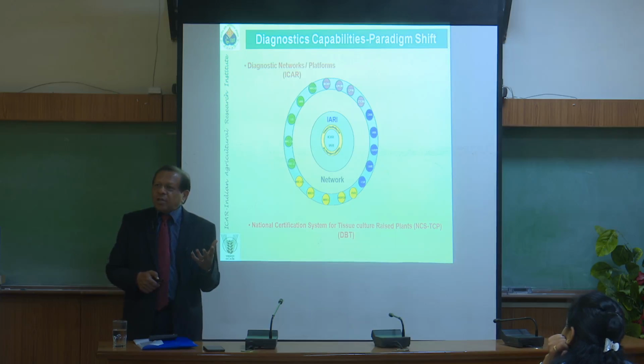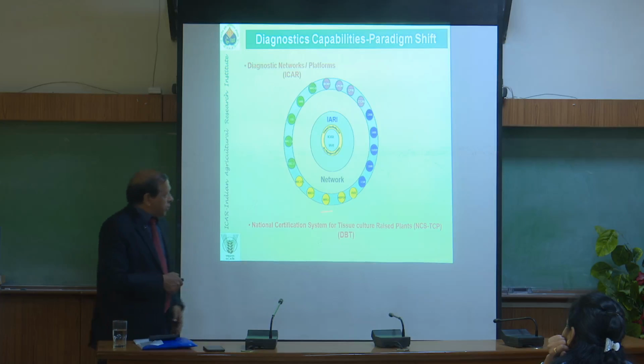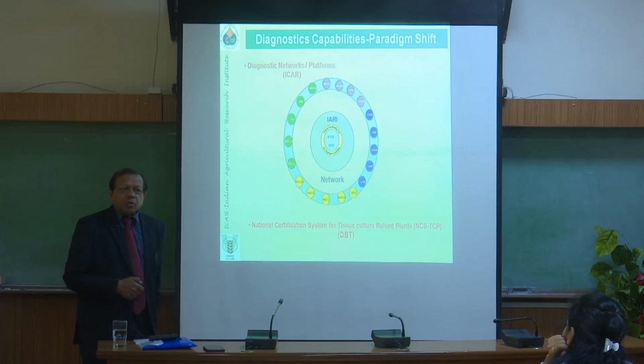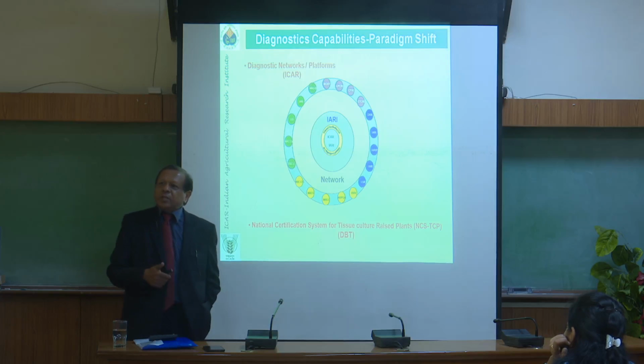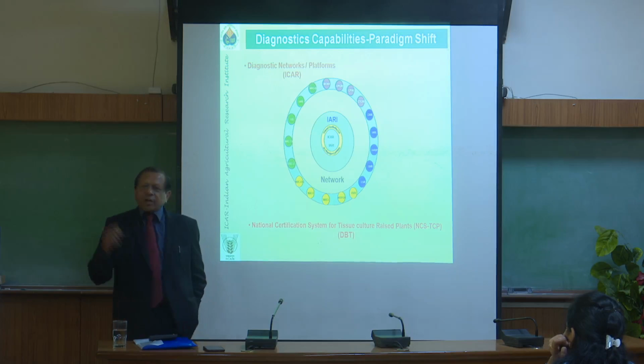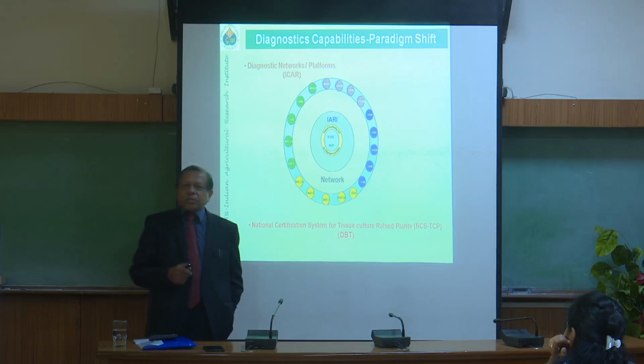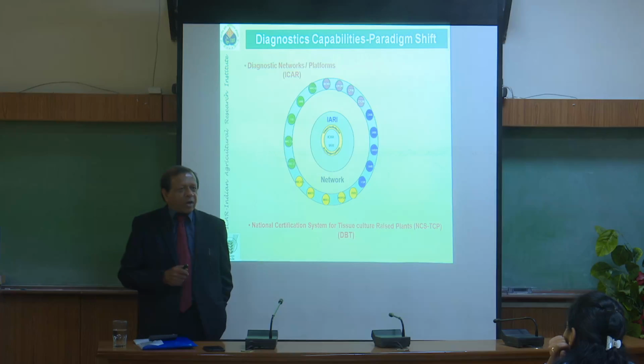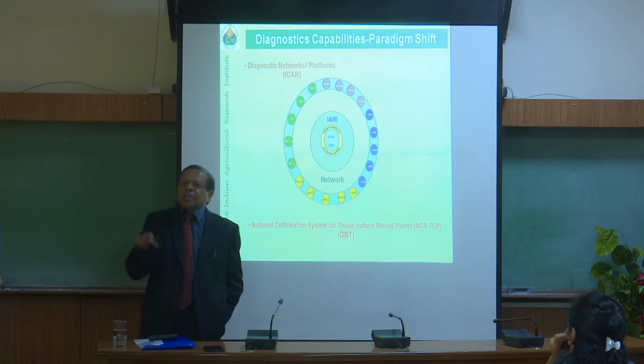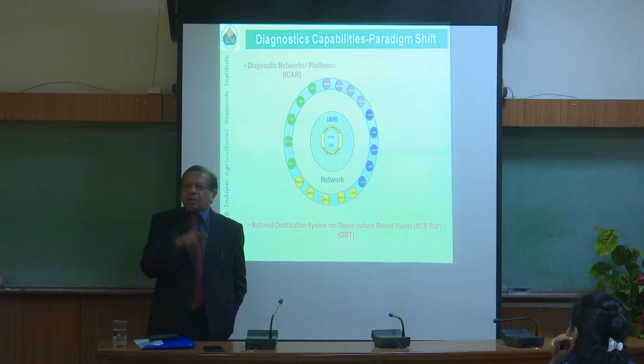And in order to do that, the DBT has started a certification system for tissue culture raised plants. Those of you who want more information about this can visit the DBT website. Under this program, the Referral Center for Virus Testing of Tissue Culture Raised Plants is located at the Advanced Center of Plant Virology, and there are certain accredited laboratories around Delhi.